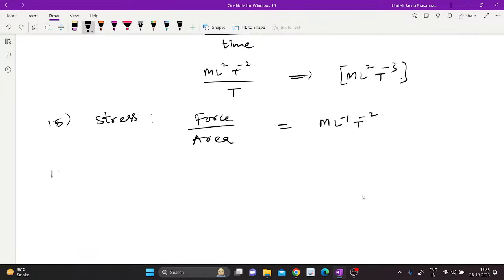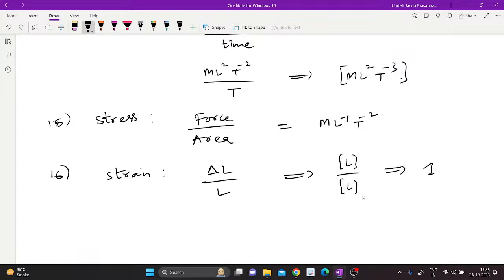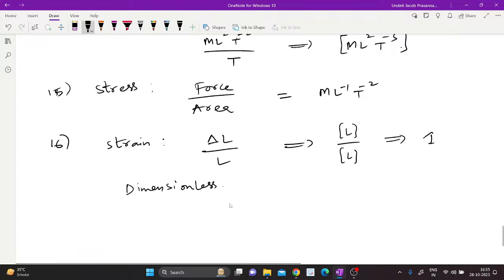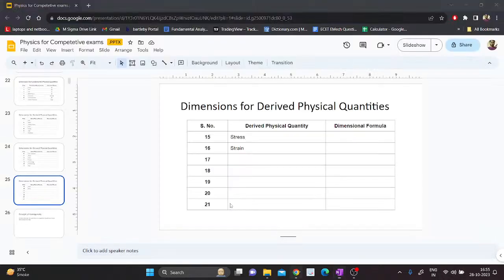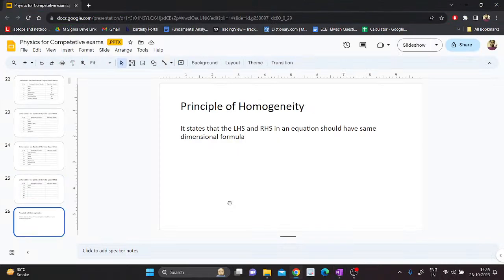Done. Strain, that is change in length by original length. So this is length by length, that means 1, that means dimensionless. Fine, clear? Let's go with the last one and stop today's class here.